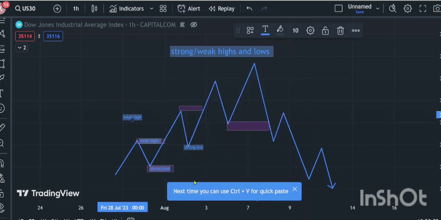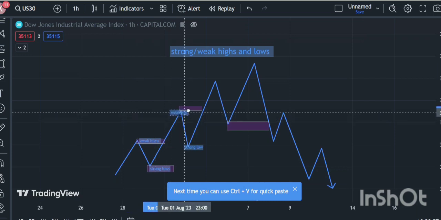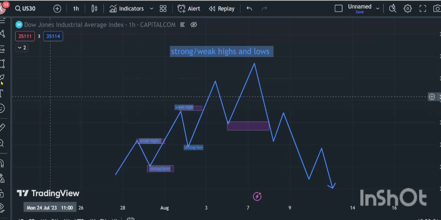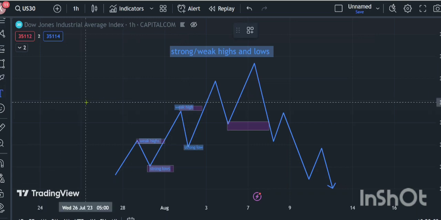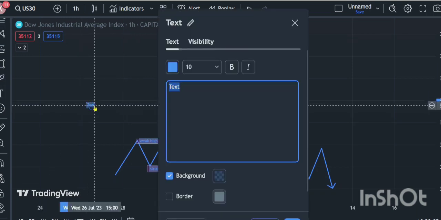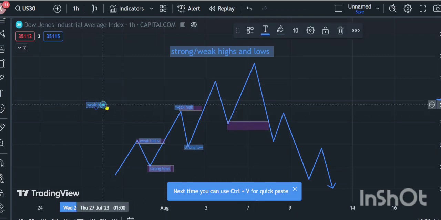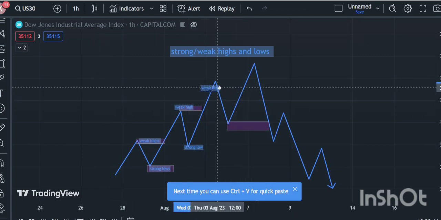We actually have 3 of them, so there is another weak high. Okay, why? Because structure broke on that side of market. Another one there. So let me just mark this.